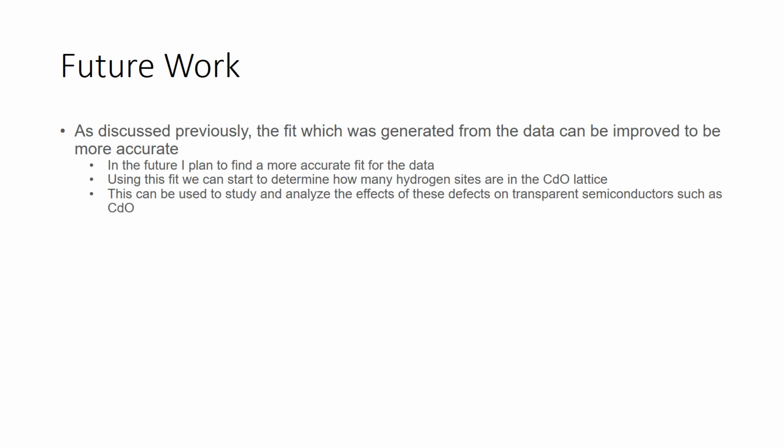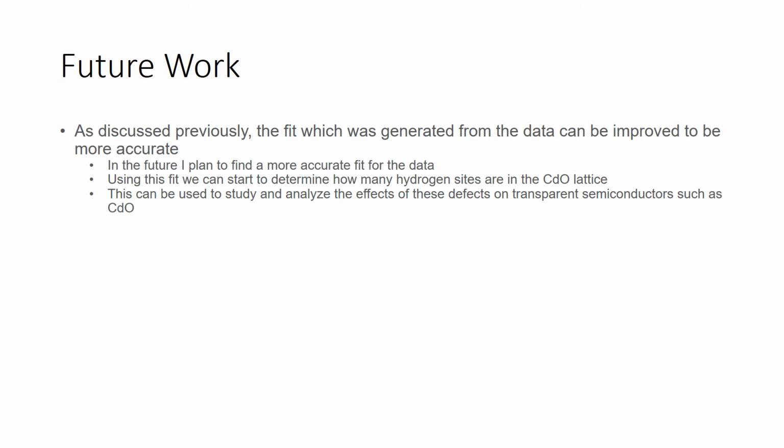As discussed previously, the fit which was generated from the data can be improved to be more accurate, and in the future I plan to do this by using the frequency oscillation as I discussed, and using this fit we can start to determine how many hydrogen sites are in the cadmium oxide lattice. This can be used to study and analyze the effects of these defects on transparent semiconductors, which is what cadmium oxide is.